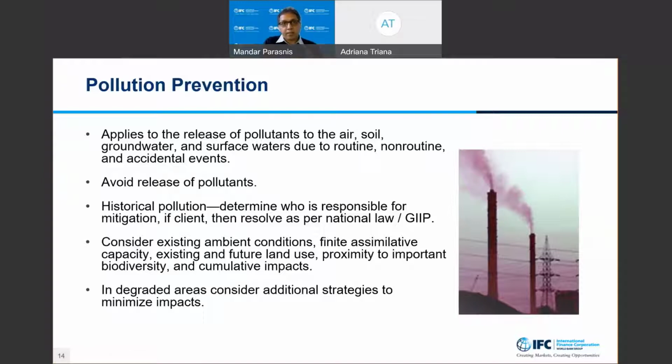One other important element this PS3 talks about is the historical pollution. Many times our clients are looking to acquire facilities that are already existing. They may come with legacy pollution, land contamination, groundwater pollution.